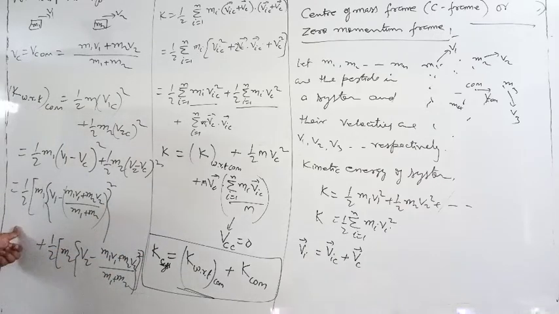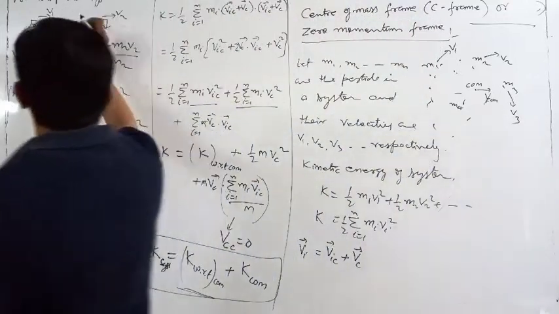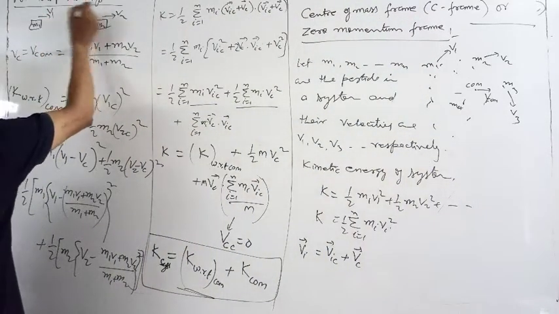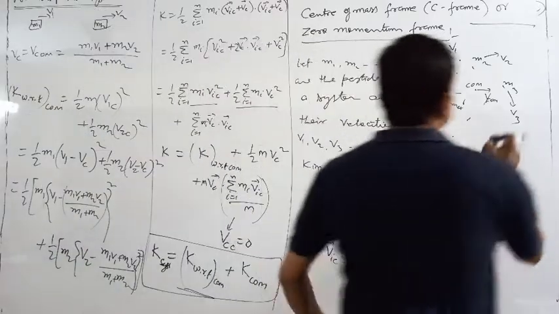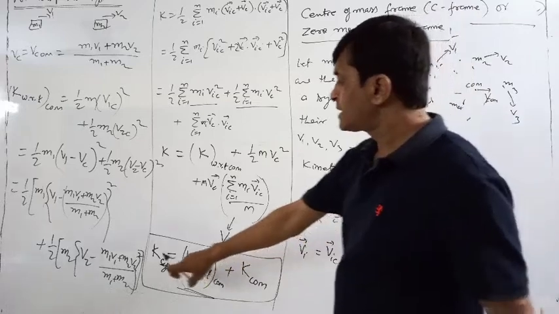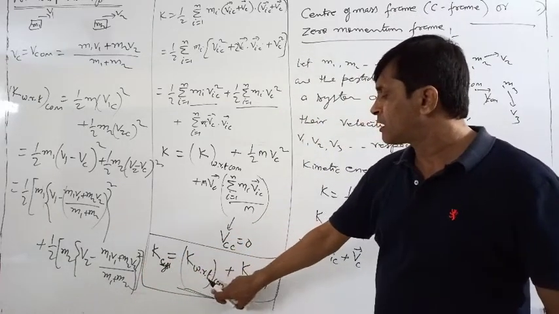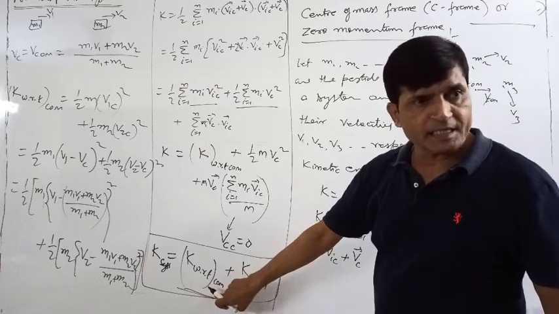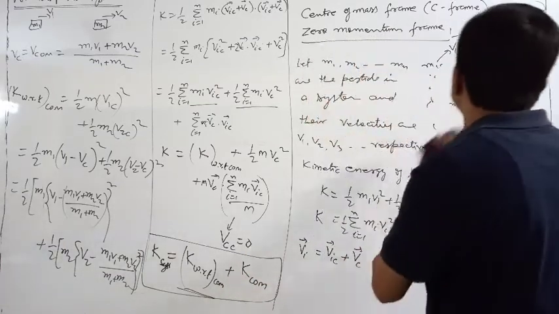Now I am simplifying it. Remember, this is only for a two-particle system. So, kinetic energy of the system is equal to the kinetic energy of all particles with respect to the center of mass plus the kinetic energy of the center of mass.